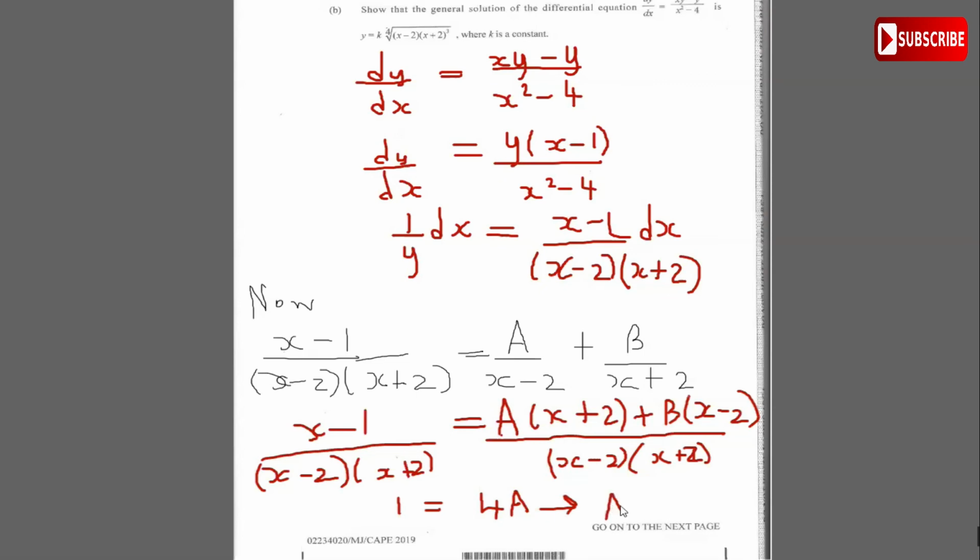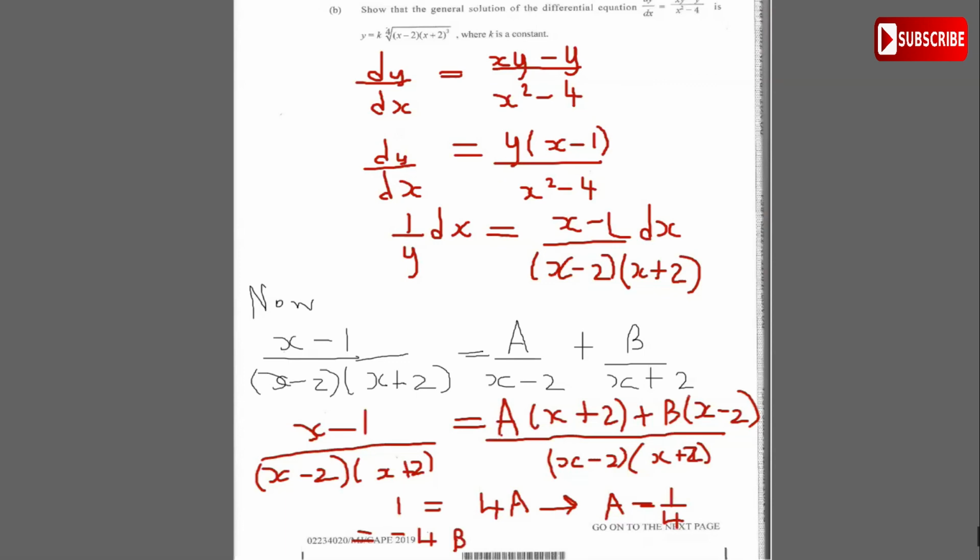And then if you make x be minus 2, you get minus 4b is equal to x minus 1, with x being minus 2. Minus 2 minus 1 is minus 3.